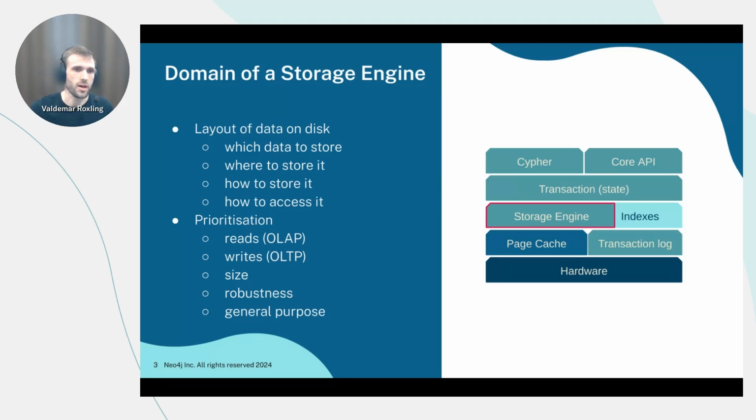And the storage engine can have a few different prioritizations. For example, you can prioritize read performance, meaning that you need to read data as fast as possible, even at the cost that writing it is slow, or maybe it takes up a lot of space on your hard drive. Or you can have a write prioritization, that you want to be able to write a lot of data, but reading it back is not that important. Or maybe your most important factor is the size on disk.